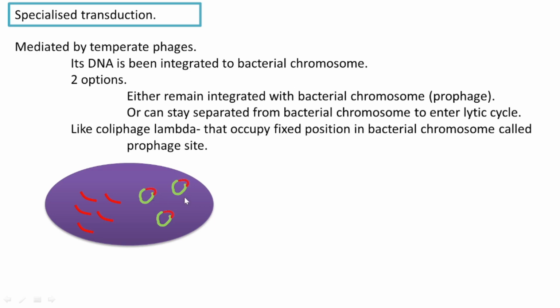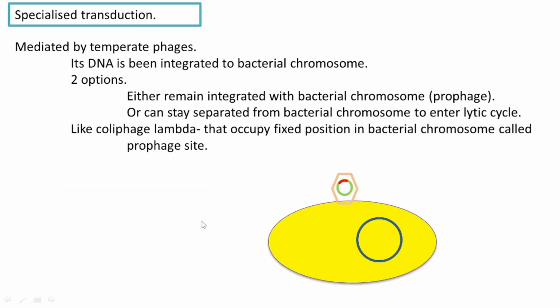Okay, then it gets packed inside the protein coat to form new phages, and it lyses the host cell and is released. And we are taking the case of one such newly formed phage. It is infecting another bacterial cell, and it is injecting its own DNA into this bacterial cell.